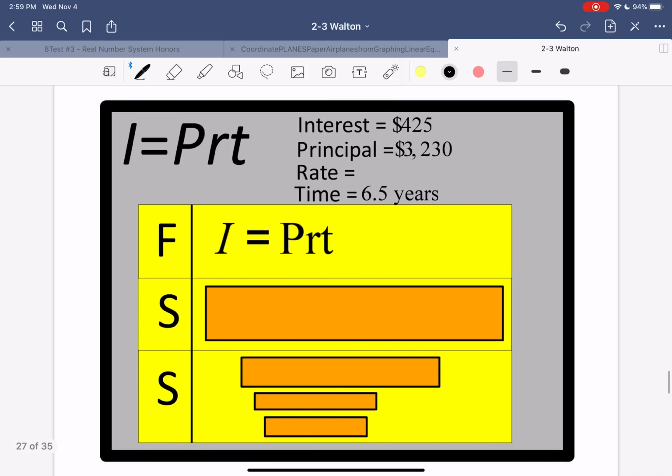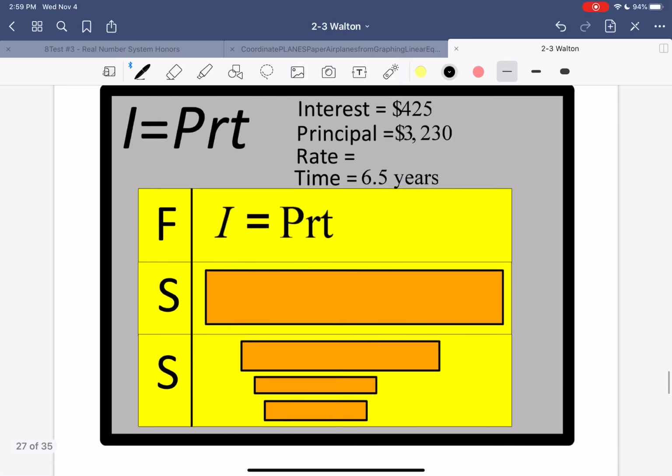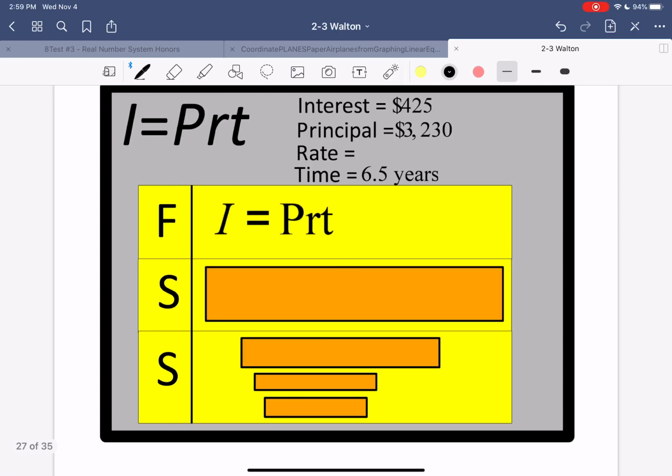All right, and I'm going to leave this up as your last problem to solve for. So substitute accordingly. We will substitute our 425 for our interest, our 3230 for our principal. We're going to keep our rate as unknown and our time is 6.5.